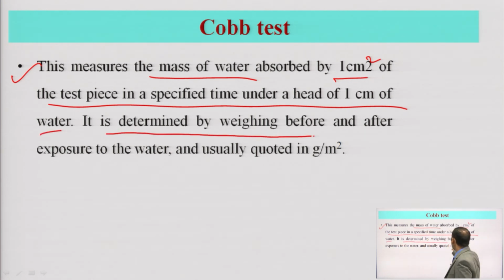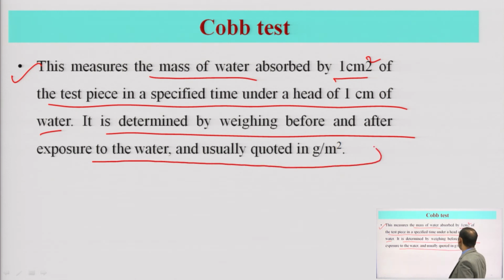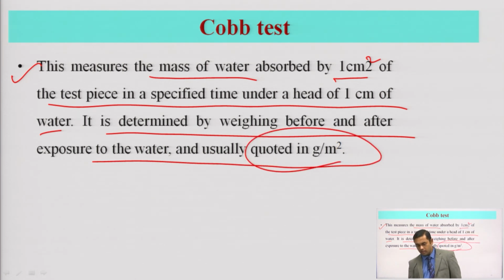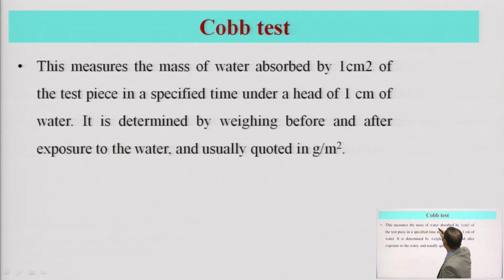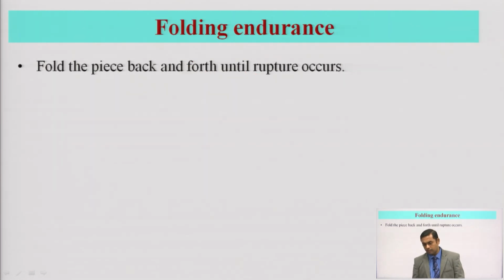It is determined by weighing before and after exposure to the water and is quoted in gram per square centimeter. If you have some packaging material, this tells how much water it can absorb.